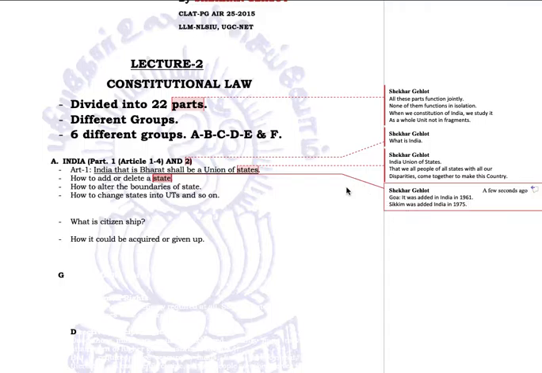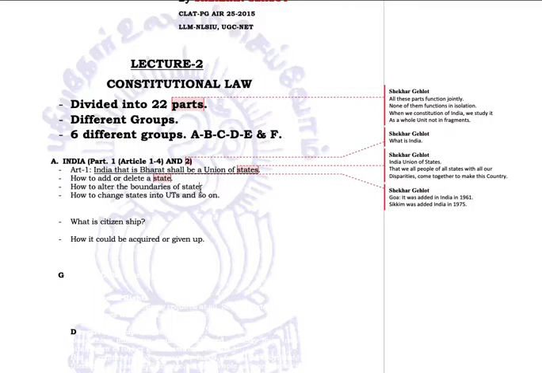Goa and Sikkim were not originally part of India, but we later acquired these territories and they became part of India. That is how we add a state. However, we have never deleted a state from our Indian borders till today.